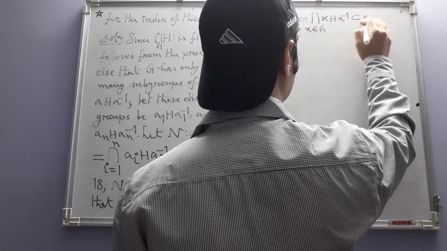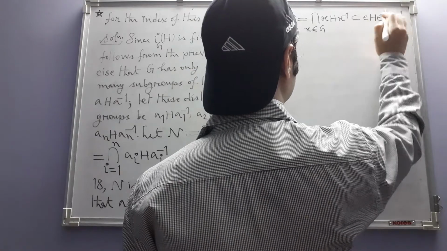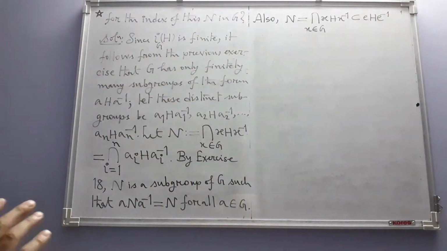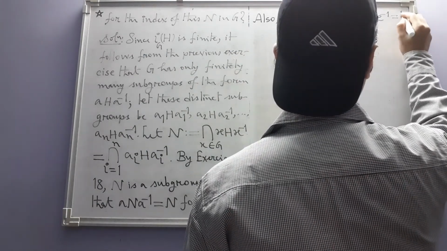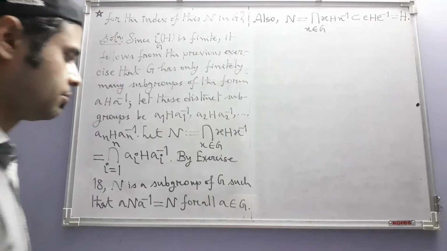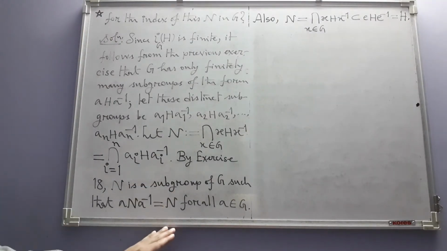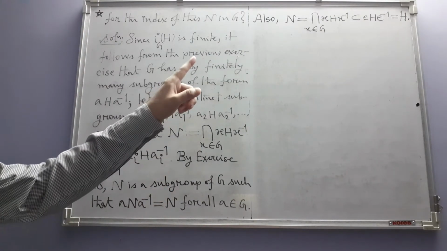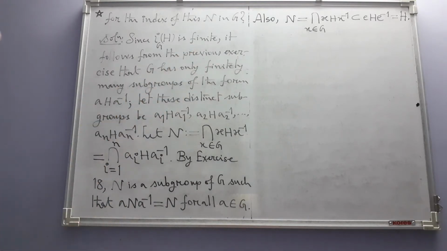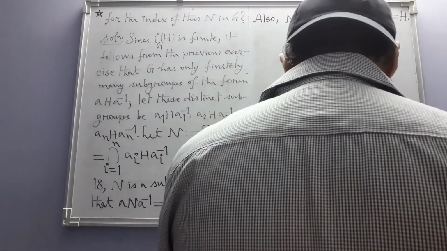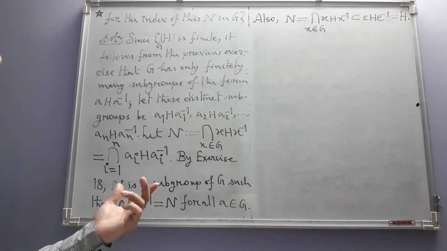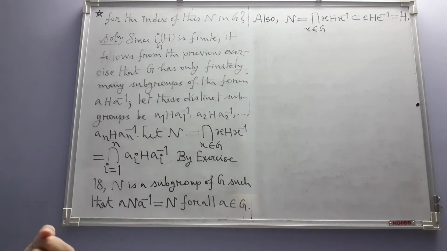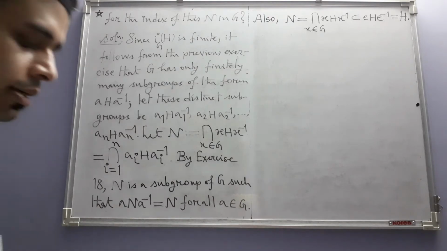So this is contained in EHE inverse, which is one such subgroup of that form, and it is nothing but H. So this shows that N not only satisfies these conditions, but N also is contained in H. Now next we have to somehow show that this N is of finite index in G, and finally we have to find an upper bound for that index.